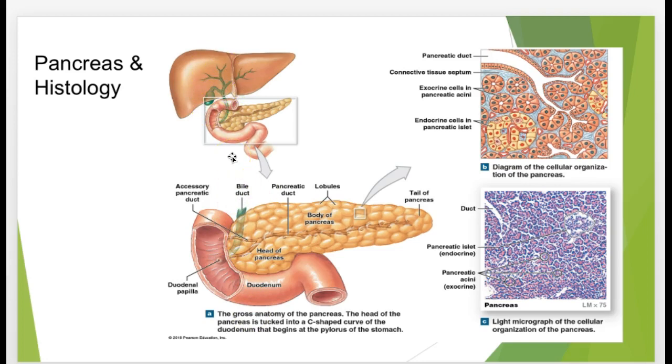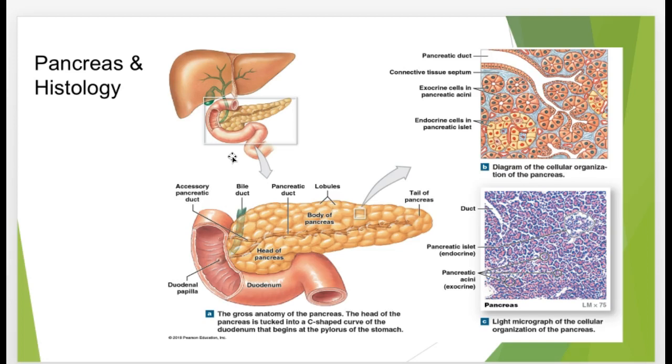So functions of the liver: produces plasma proteins. It causes our energy metabolism, right? We get breakdowns of glucose. We have detoxification. It produces bile. Bile is necessary for breaking down fats. It's an emulsifier.